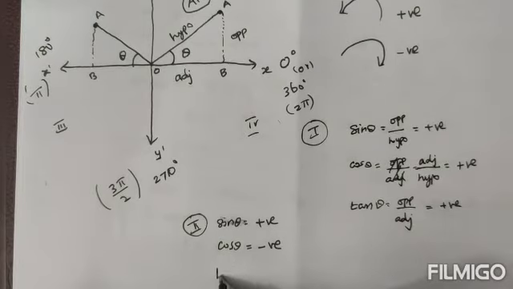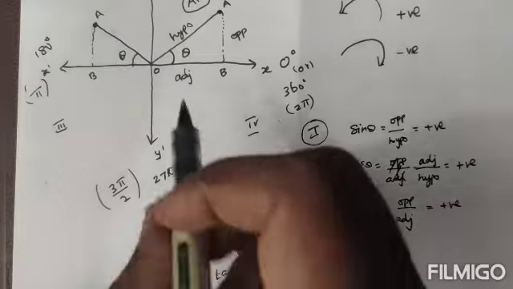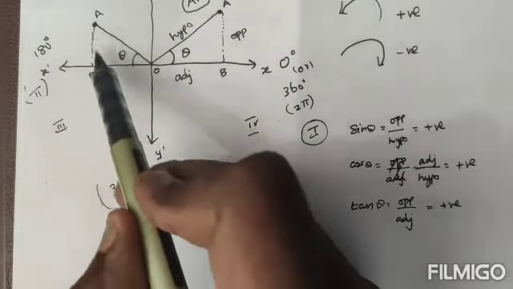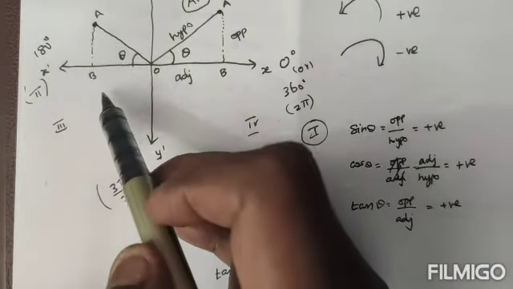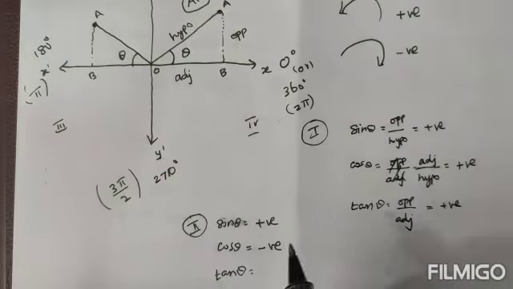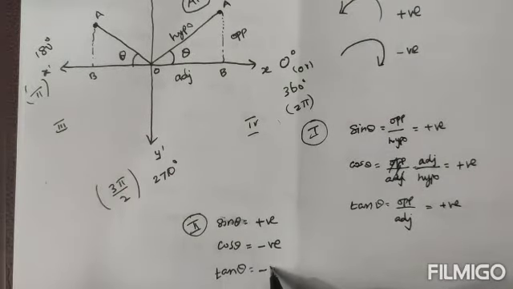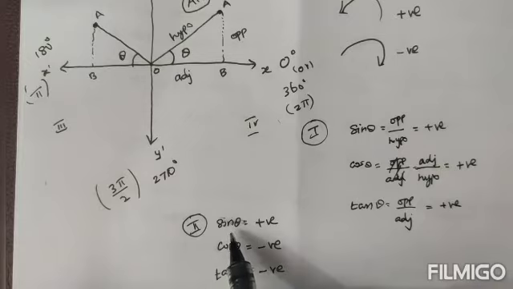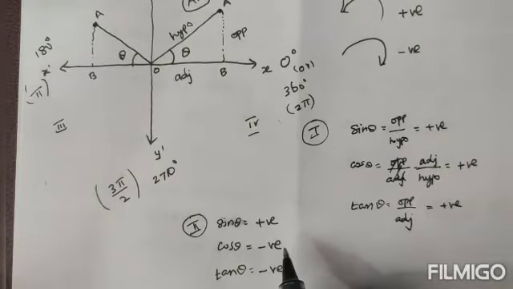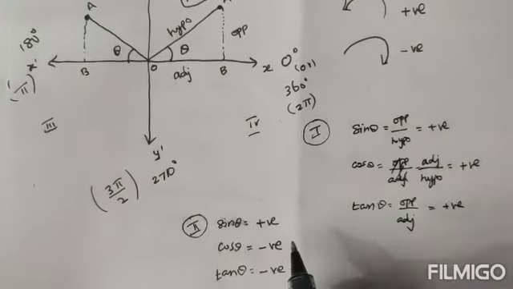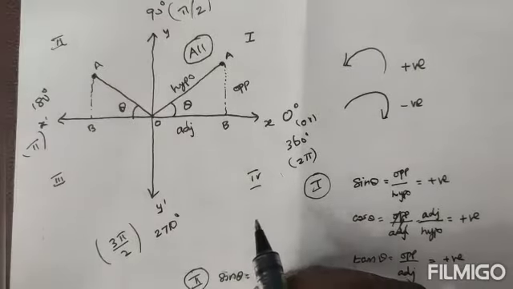Next, tan theta, you know, opposite divided by adjacent, so adjacent will come, so again here negative. So here sin theta and cosecant theta only positive, so the remaining all negative.